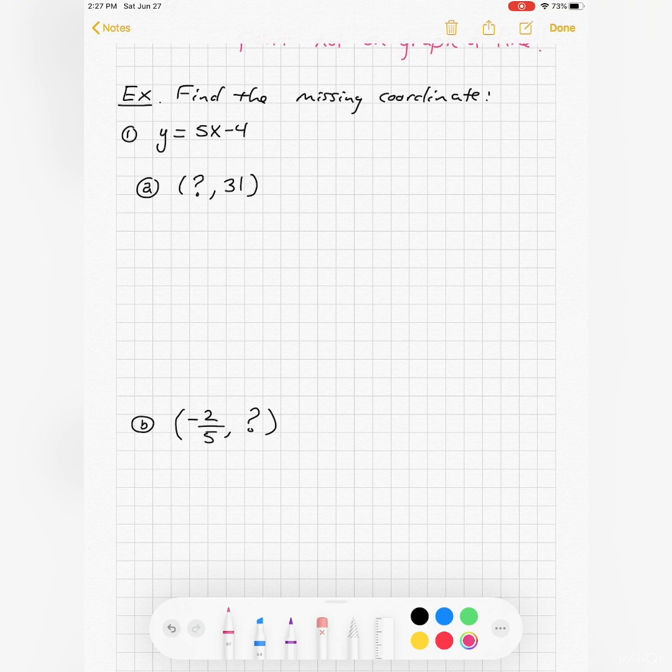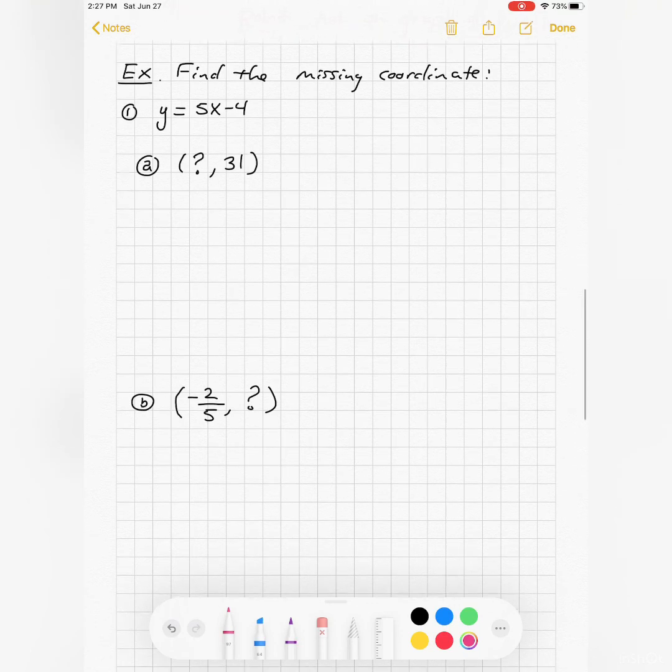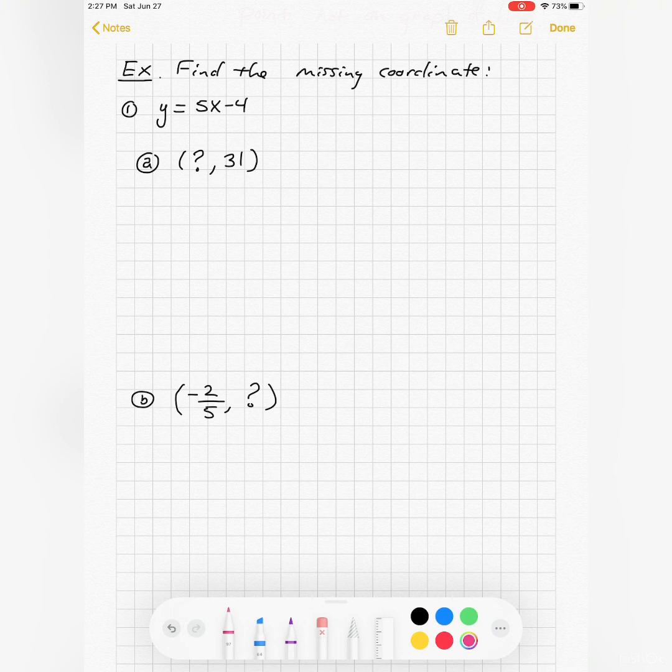Find the missing coordinate. Okay, so here's the equation, linear equation. y equals 5x minus 4. You see what I'm given here? I'm given the y coordinate. So I need to solve for the missing x coordinate.